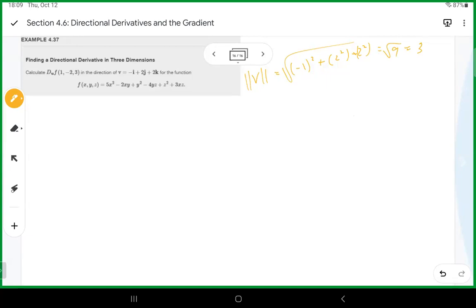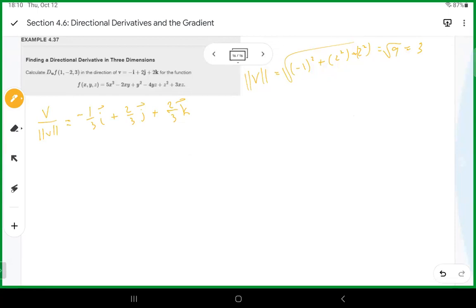Okay, so then if we do V over its magnitude, you can do the in-between step if you need to, but it would end up being negative 1/3 i plus 2/3 j plus 2/3 k. So that is the unit vector in the direction of V.